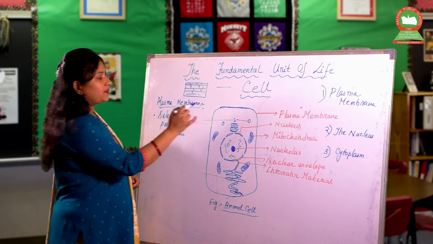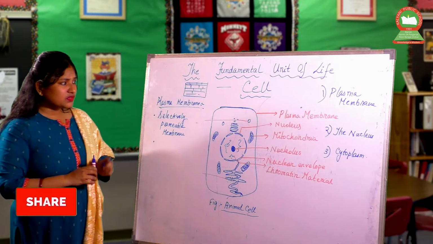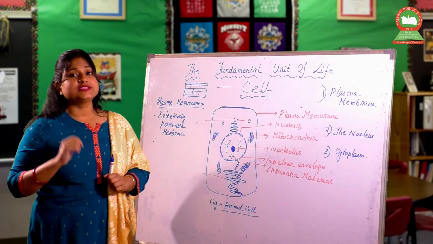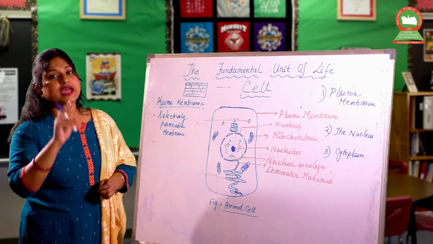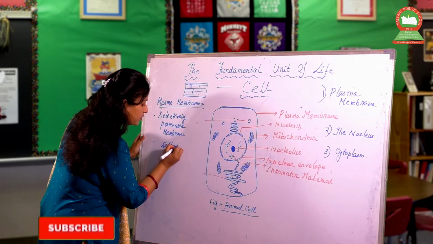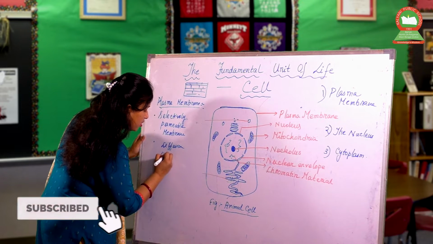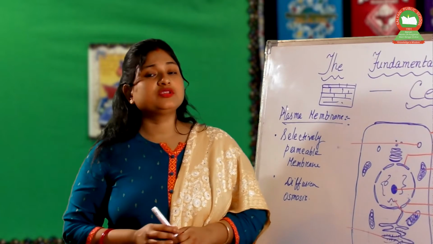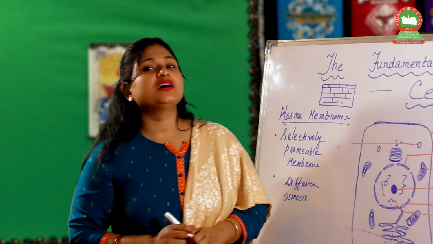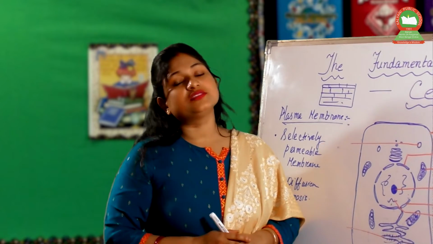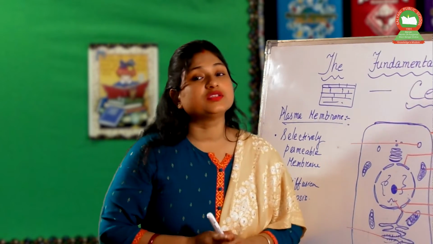And the plasma membrane only allows certain substances to move through the cell through some processes that are diffusion and osmosis. Diffusion is a process where there is an exchange of substances from a region of higher concentration to a region of lower concentration.